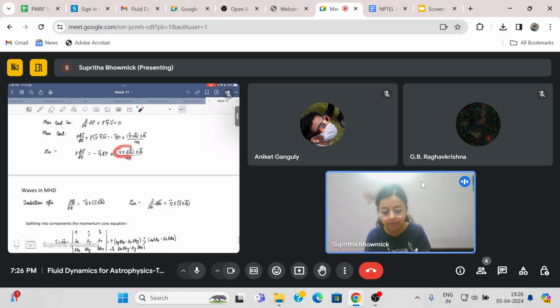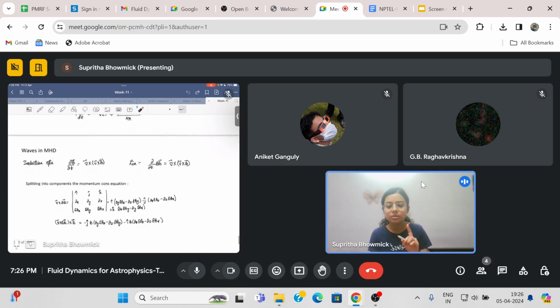So let's first evaluate the curl of delta V. The curl of delta V in Cartesian coordinates is given by the determinant of i, j, k, del x, del y, del z, and the three components of delta V. Once you compute this determinant, it gives you the i cap, j cap, k cap components as this. The algebra is simple. You just have to follow the steps. It's lengthy but straightforward, right?